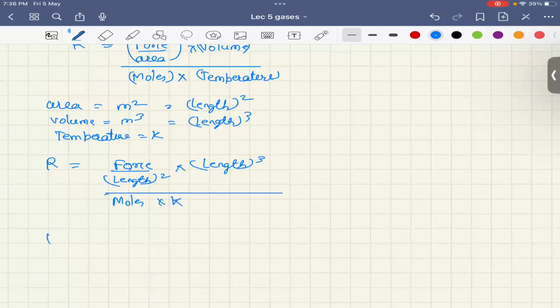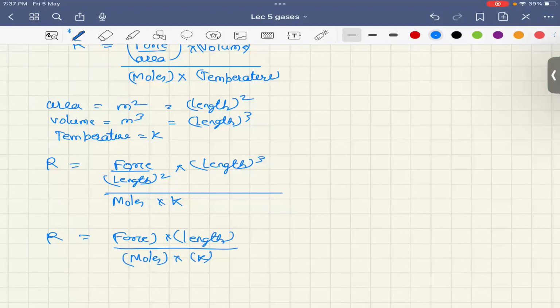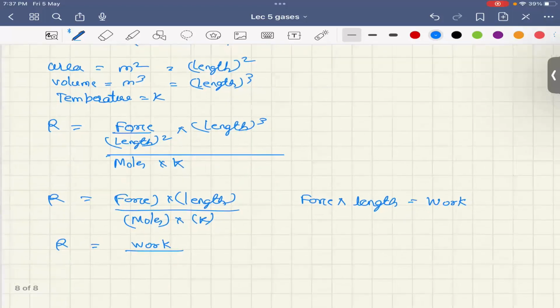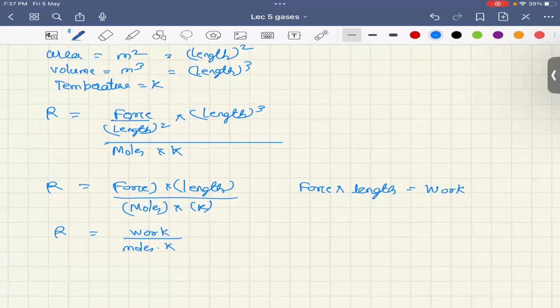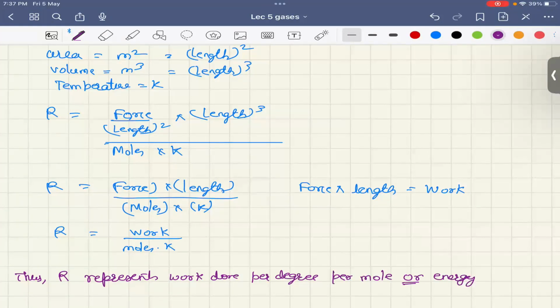When we cancel this out, we get force into length divided by moles into Kelvin, right? But what is force into length? Force into length is nothing but work done. Hence, R is nothing but work divided by moles into Kelvin. Thus, what we can say is R represents work done per degree per mole, energy per degree per mole.